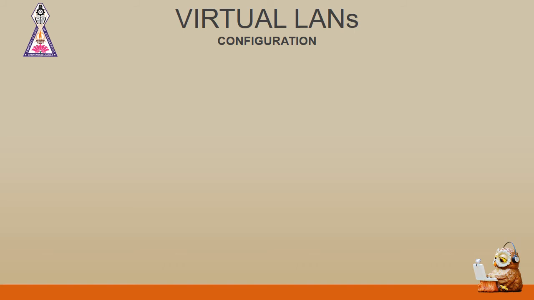How exactly are the stations grouped into different virtual local area networks? The configuration is done in three ways. The first one is manual configuration.